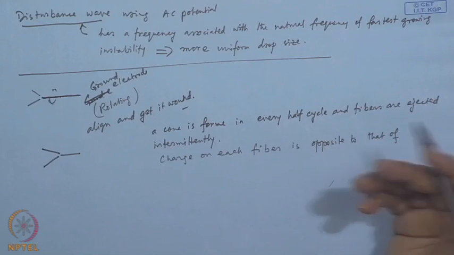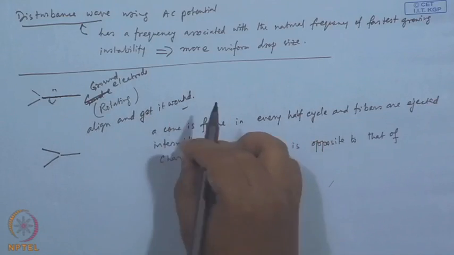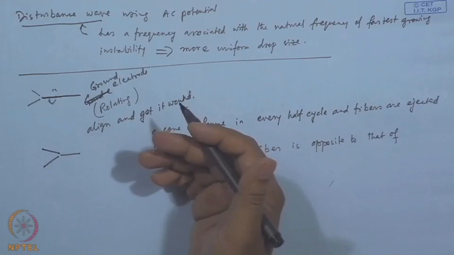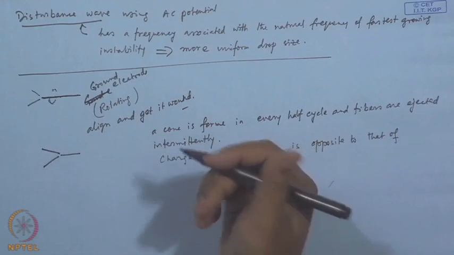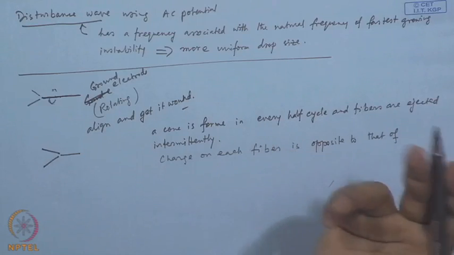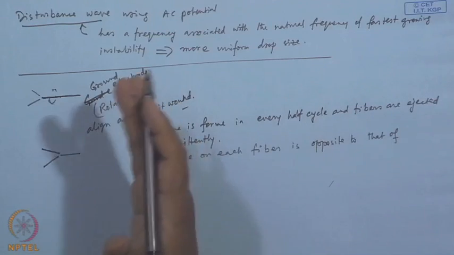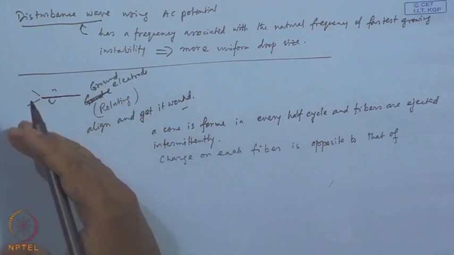So every half cycle, one fiber comes out and it has some charge, and then the next fiber coming out is of opposite charge, and the next fiber coming out is again of opposite charge, that means the same charge as the earlier one. So the fiber that is coming out next would always be of opposite charge. That is because of this.